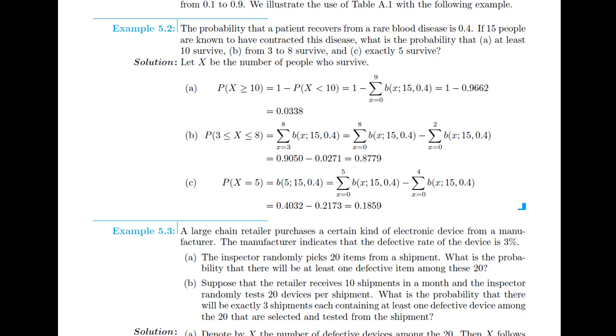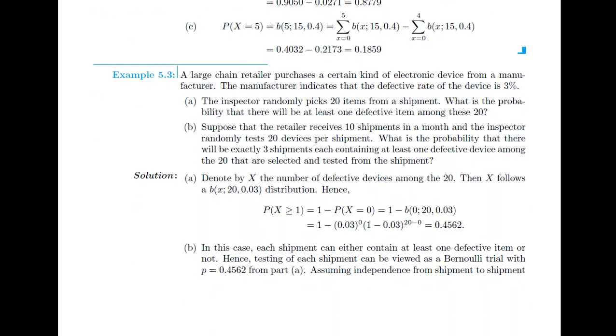Number C: the probability of X equal 5, which is equal to 0.1859.